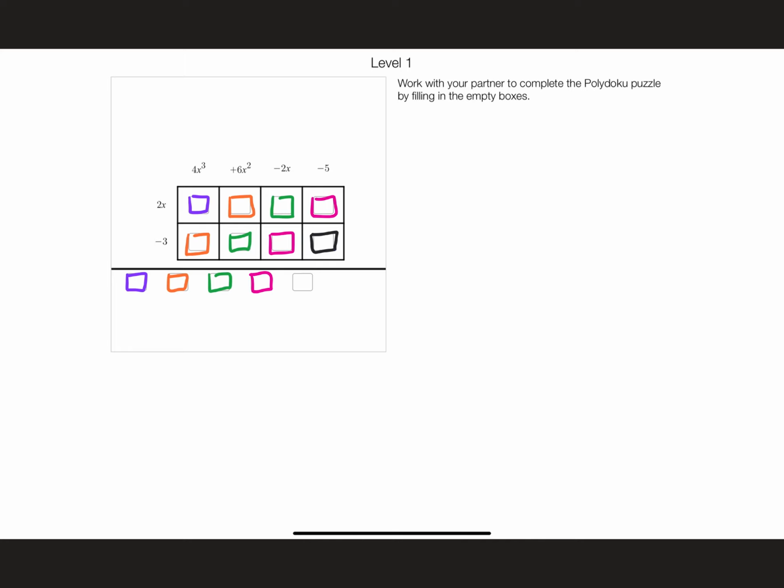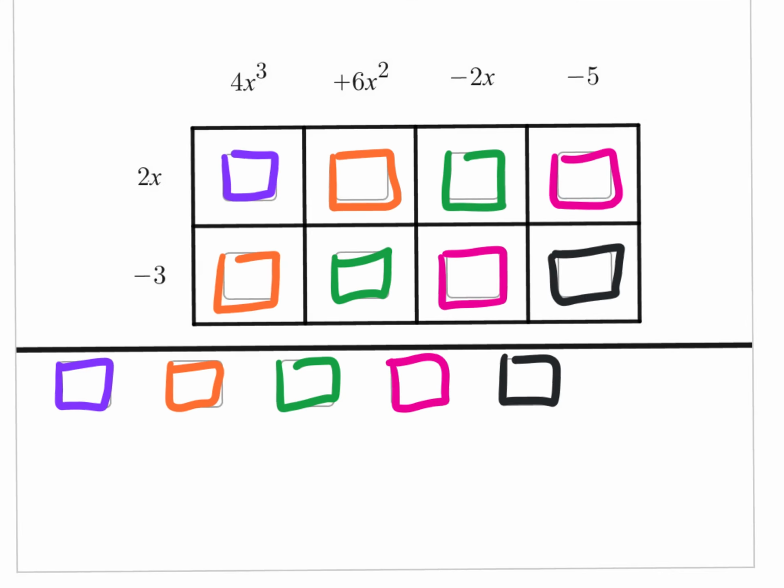Now, what that means is that in order to figure out what goes in this purple box in our polynomial, we've got to know what goes in this purple box here. In order to know what goes in this orange part of our polynomial, I need to know what goes in those two parts there. So let's zoom in here and do the work.